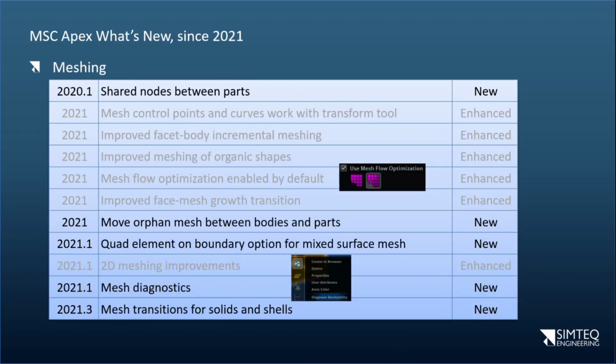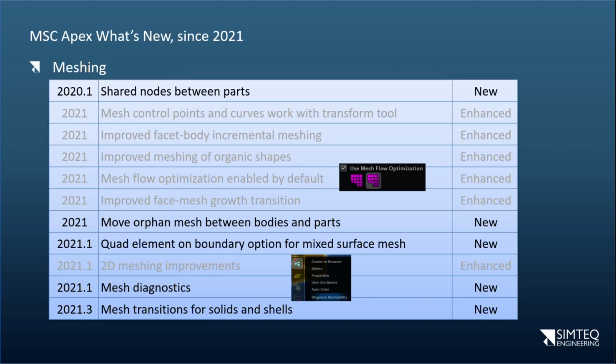Then we get to the meshing category, which is a considerably longer list, and we have a few slides on that. So first thing there, shared nodes between parts. So that was new. In the past, you could not merge nodes if they belonged to different parts. It's now possible. Mesh control points and curves work with the transform tool.